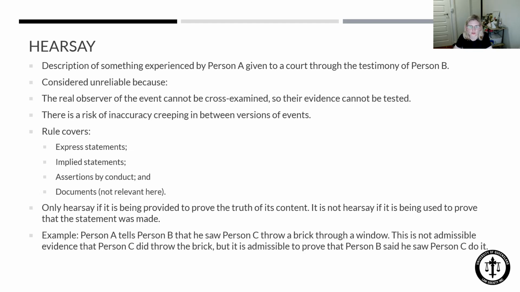It covers express statements, implied statements, assertions by conduct, and documents, although the document part is not relevant in this particular competition.